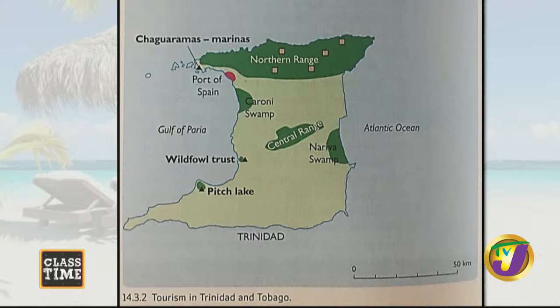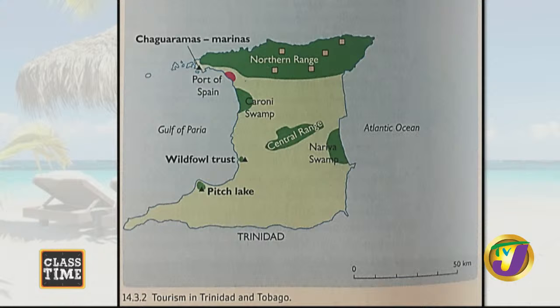Those areas that are highlighted yellow, we don't see any on the coast of Trinidad, but we see a good stretch on the coast of Tobago, highlighting beach vacation. So those persons who are interested in the traditional tourism activity, which is sunbathing or the sea, the sun, and the sand, will more so go to Tobago.